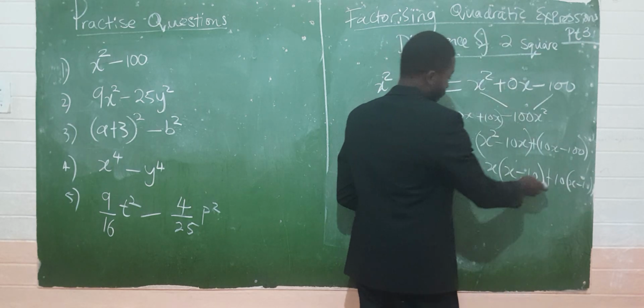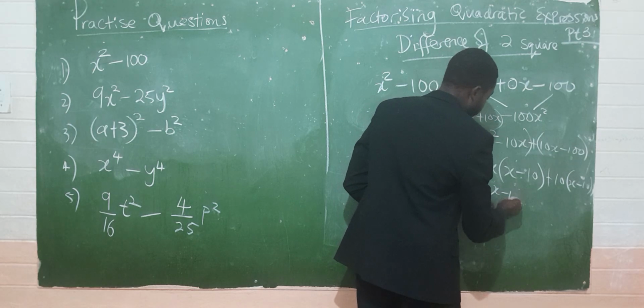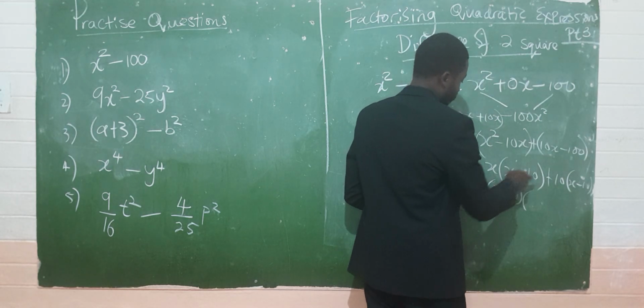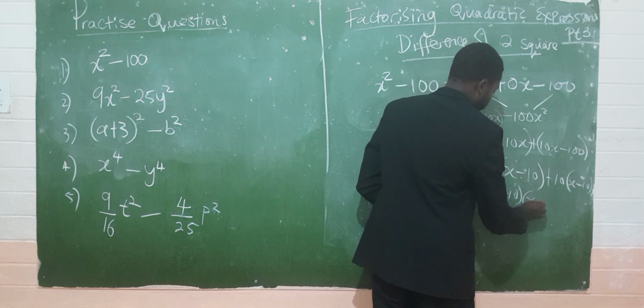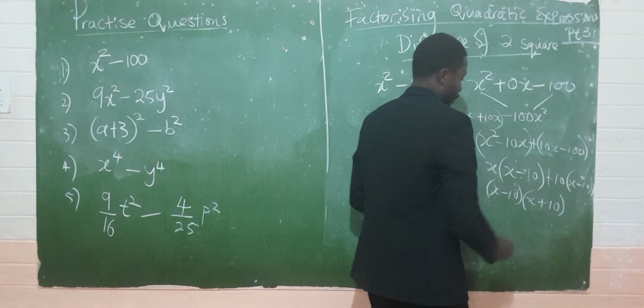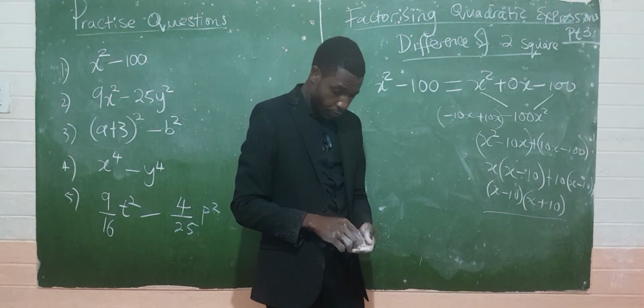And you can see that this is the same. I can factorize and have x minus 10 out, and of course this will leave me with an x and this will leave me with a 10, and this will become my final answer.